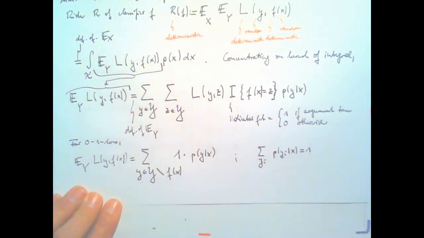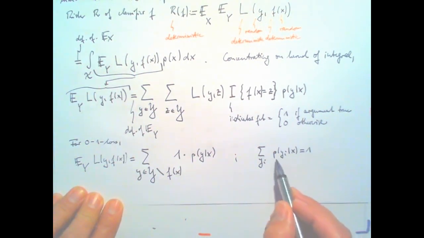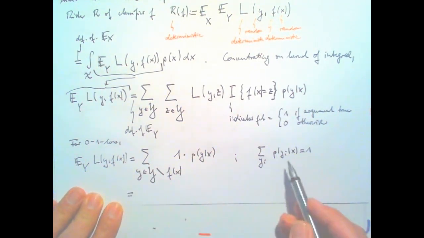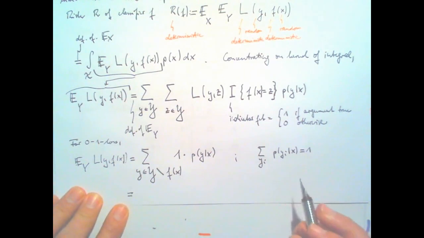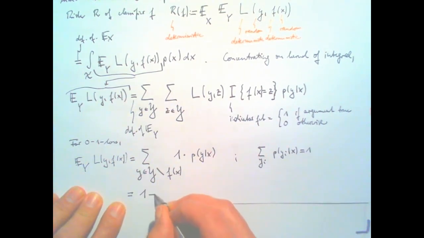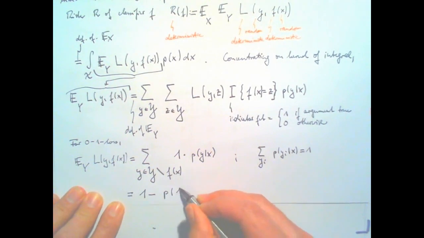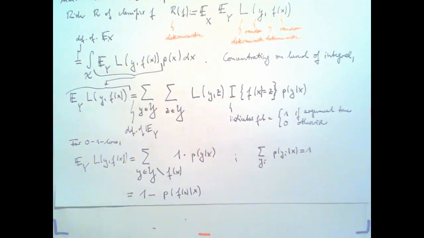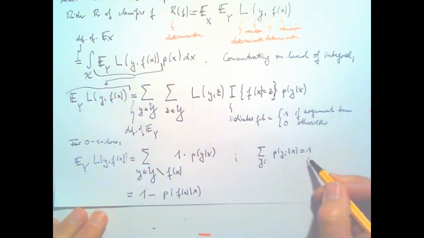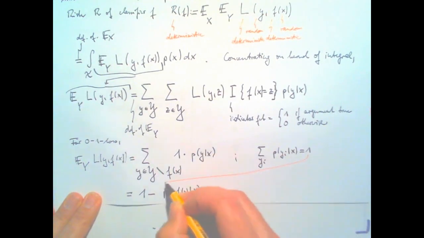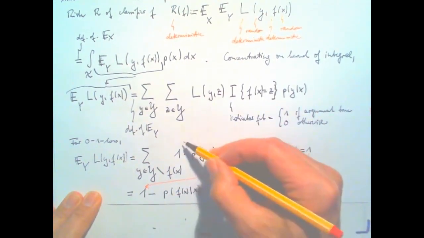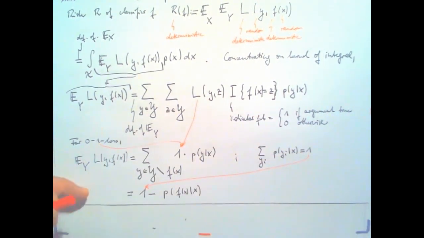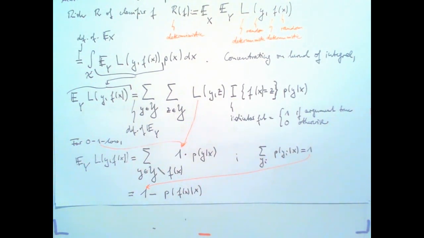I can use this normalization property, because here I have all terms except for a single one, to write this in an even simpler form. This is 1 minus P of f of x given x. This one here, by the way, came from the loss function because we used the 0-1 loss now. Just to make the distinctions between all those different ones.